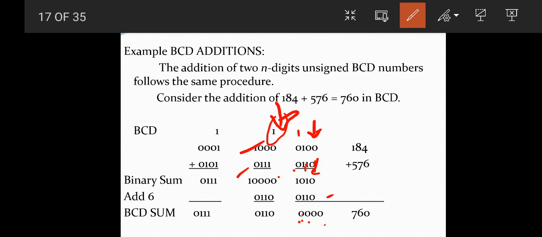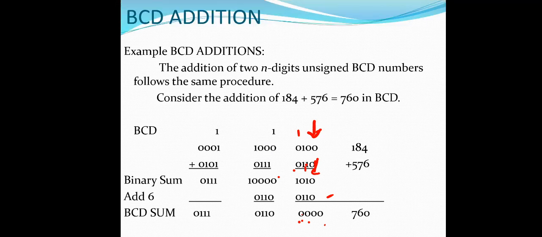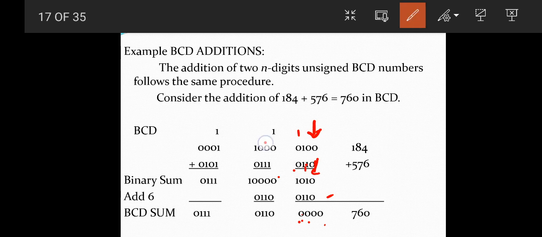Then 1 plus 0, 0, plus 1, 0. Carry 1. Carry 1. So 1 plus 1, 0, carry 1. 1 plus 1, 0, carry 1. So after carrying, you can bring down 1.